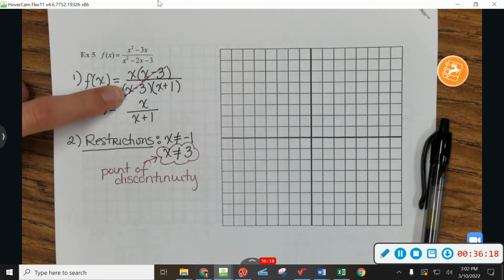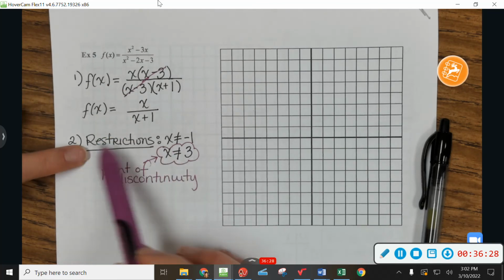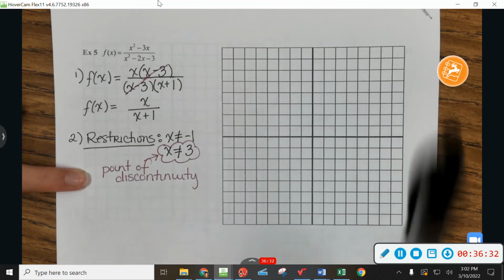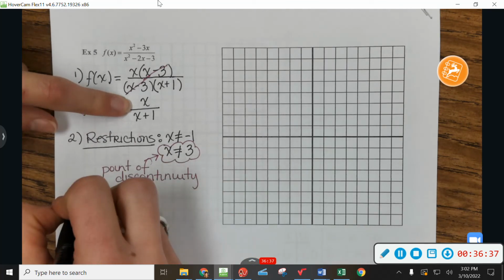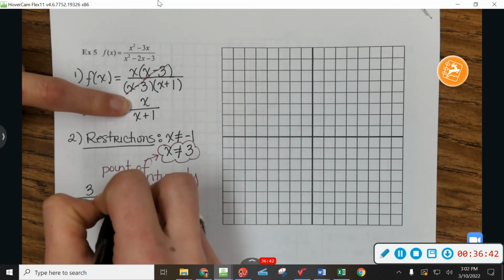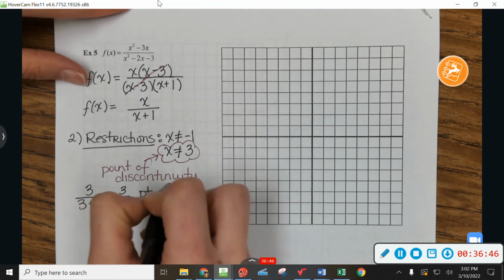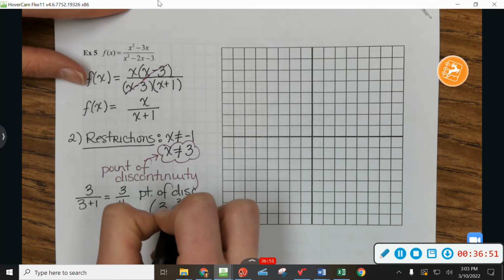If you have two factors that can cancel out, that is now going to be your point of discontinuity. So once you do your restrictions, we're going to figure out what is that point. You take this value and plug it into your reduced form. So I'm going to have 3 over 3 plus 1, which is 3/4. So my point of discontinuity is 3/4.